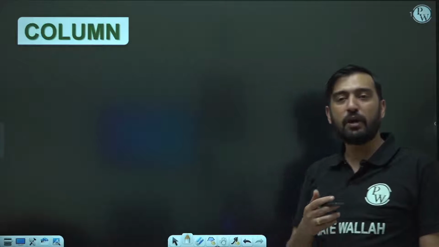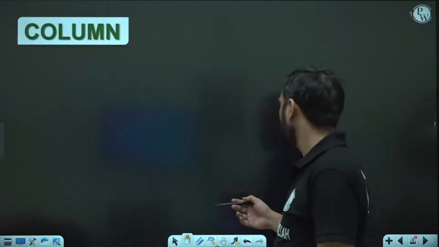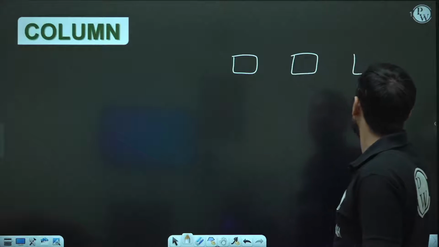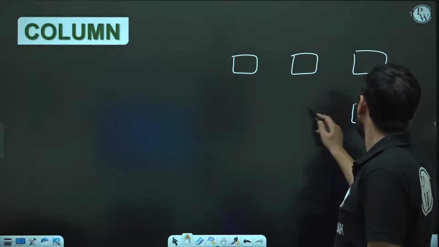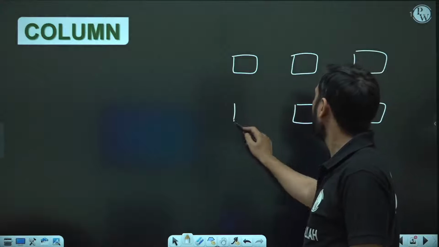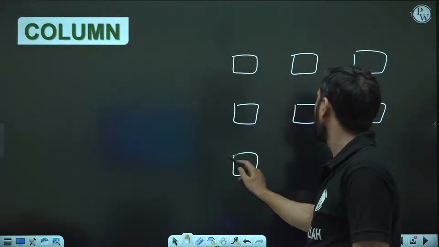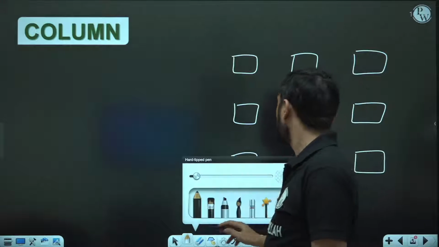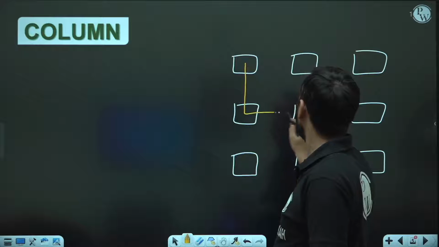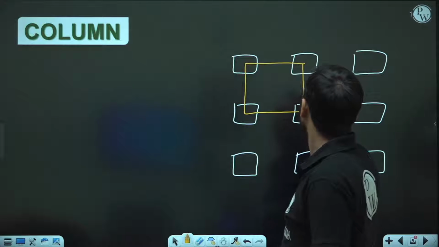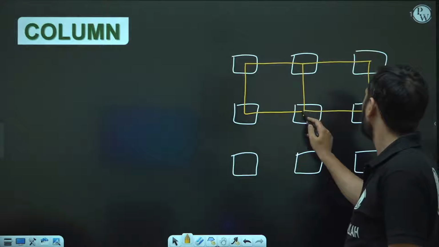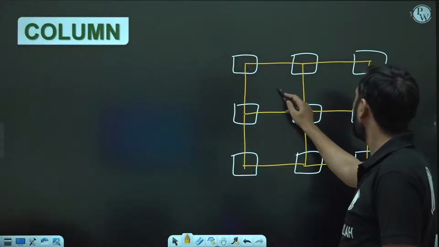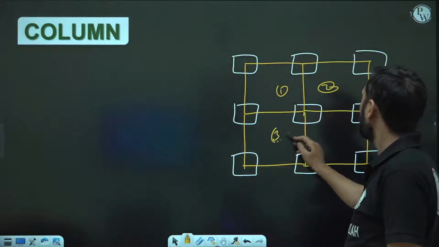For example, if I am taking a small complex, let's suppose there is a 3 by 3 grid of columns, total 9 columns, and over these 9 columns I am going to place, let's suppose, 4 slabs: slab number 1, slab number 2, slab number 3, and slab number 4.